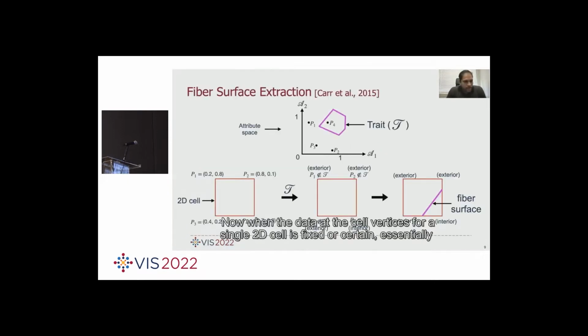Now, when the data at the cell vertices for a single 2D cell is fixed or certain, essentially each cell vertex is classified as exterior or interior depending on whether it lies outside or inside the trait in the attribute space. And once each vertex is classified, the fiber surface is extracted as depicted in the bottom right image, such that it isolates exterior vertices from interior vertices.